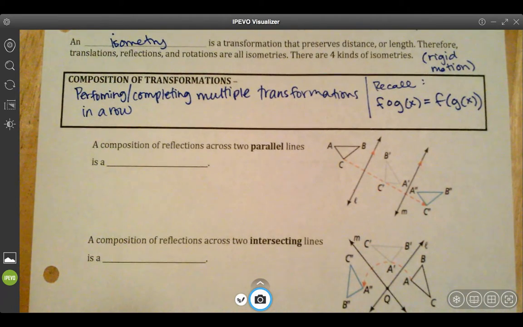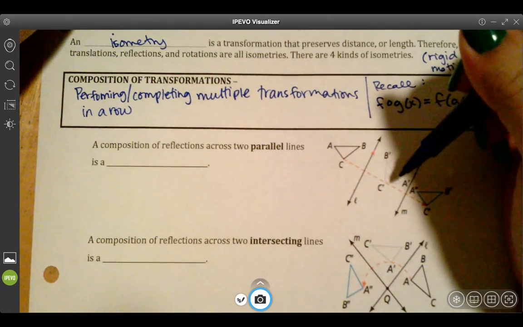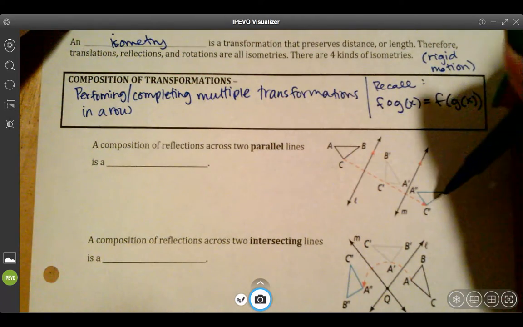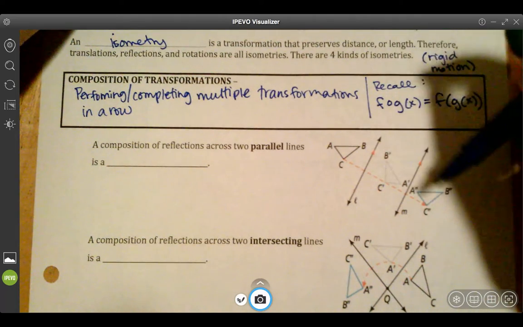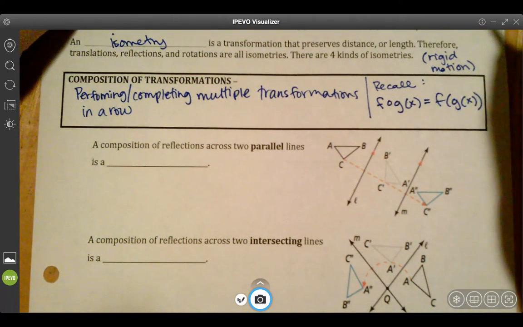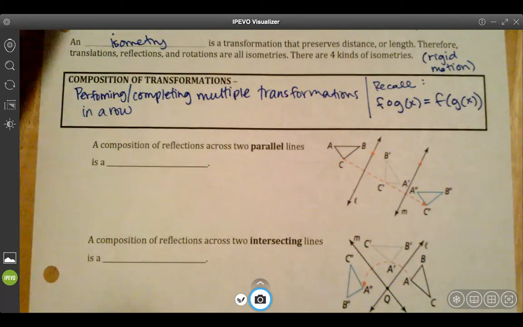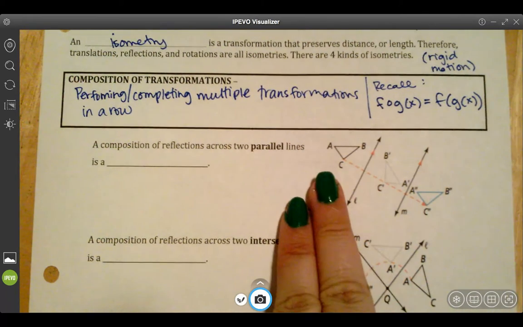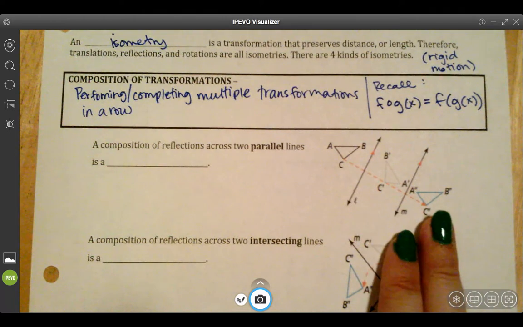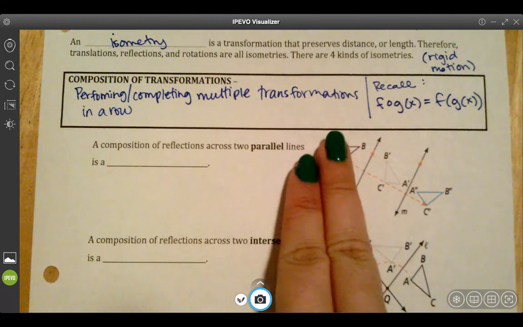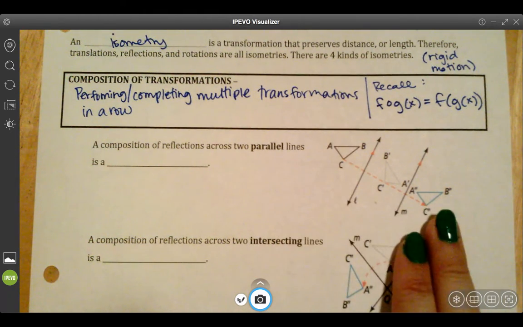Well, if we're looking at a reflection across two parallel lines, so if I reflect across a line and then I reflect across a line that's parallel, what we end up with is actually a translation, right? So think about if I have a triangle, I reflect it, and then I reflect it back. So this triangle actually just moved over.